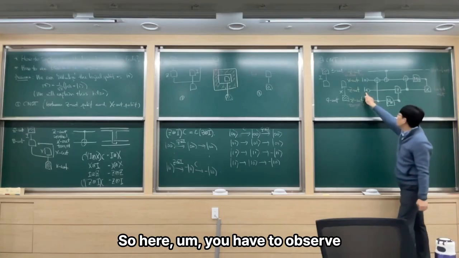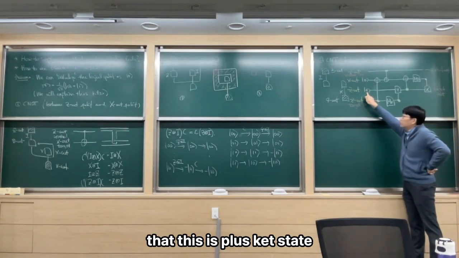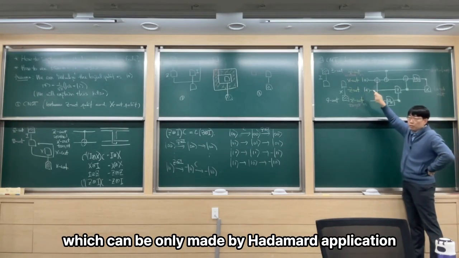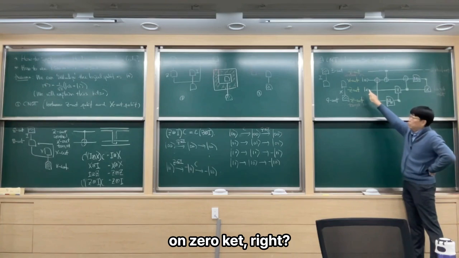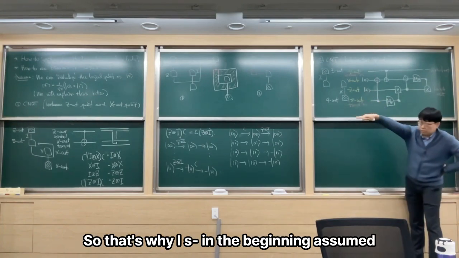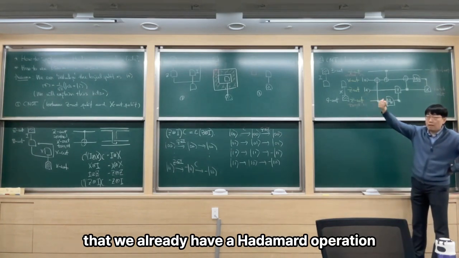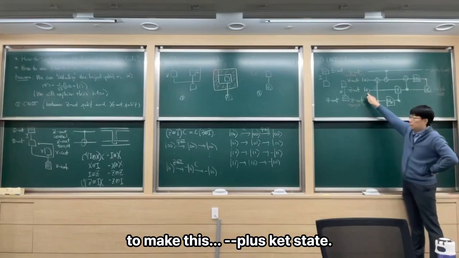Here you have to observe that this is the plus cat state, which can only be made by Hadamard application on 0 cat, right? That's why in the beginning I assumed that we already have a Hadamard operation to make this plus cat state.